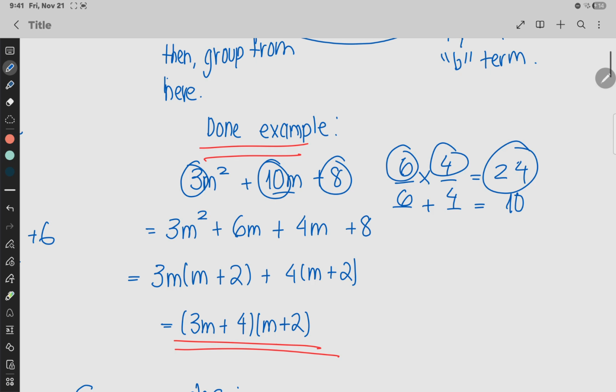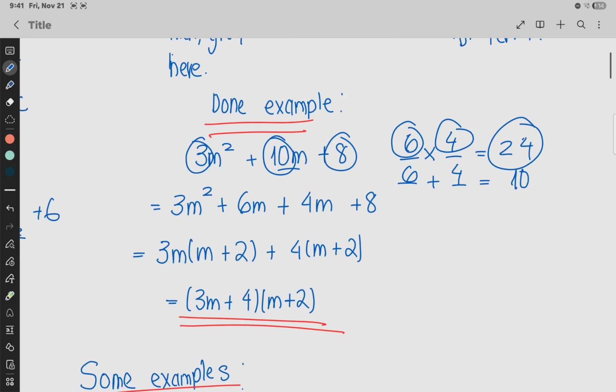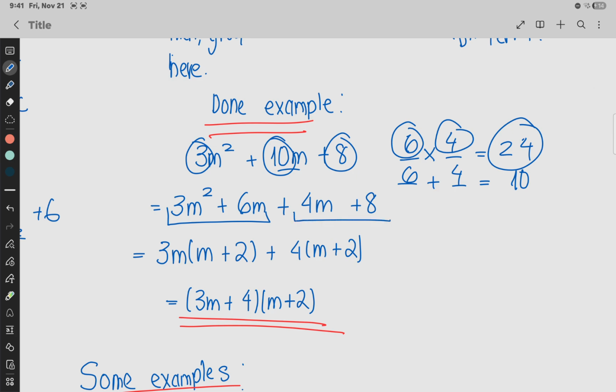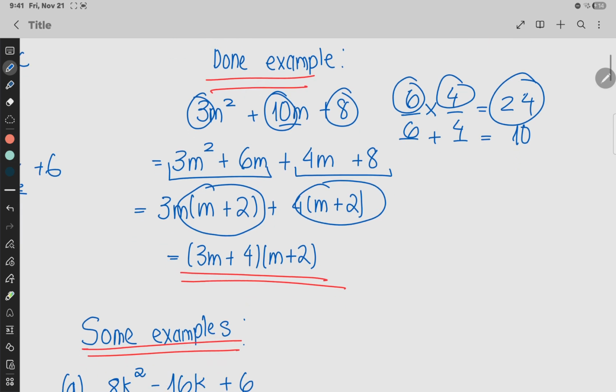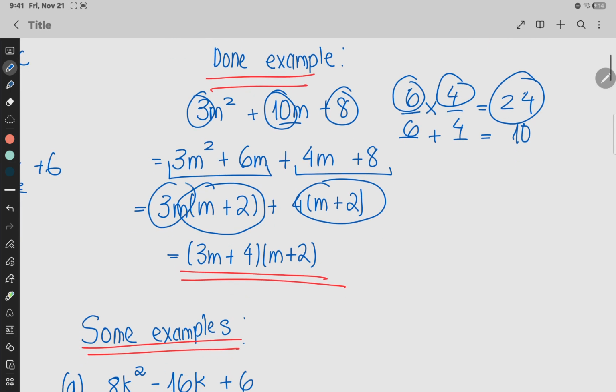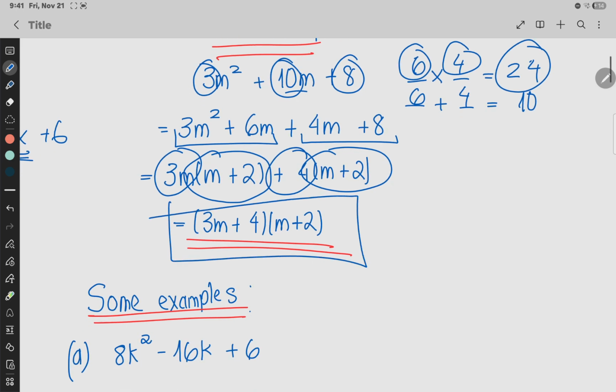So it becomes 3m squared plus 6m plus 4m plus 8. From here we group. For the first set, we factor out the 3, so it becomes 3m(m plus 2). For the second set, we factor out 4, so it becomes 4(m plus 2). Now we have two identical brackets. Combine them into one, and the remaining terms become the other bracket. This is your final answer.